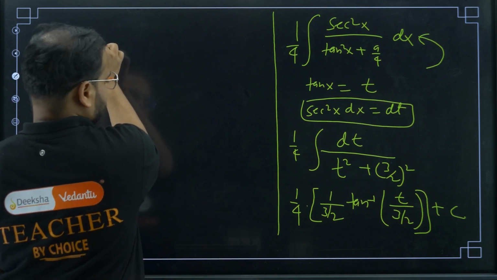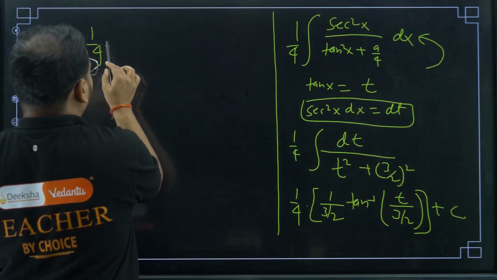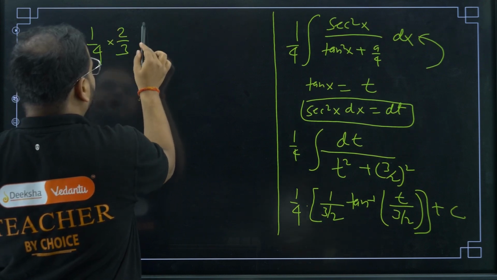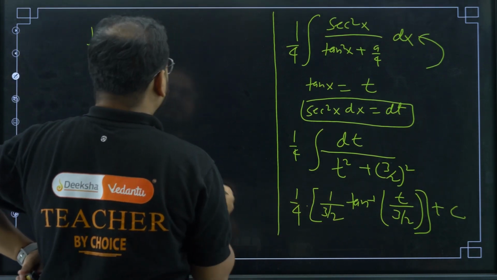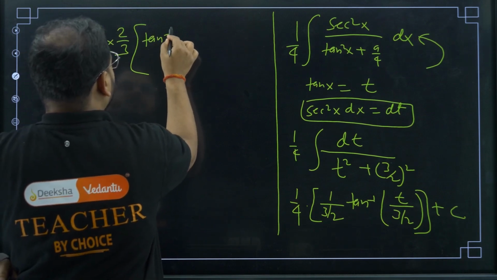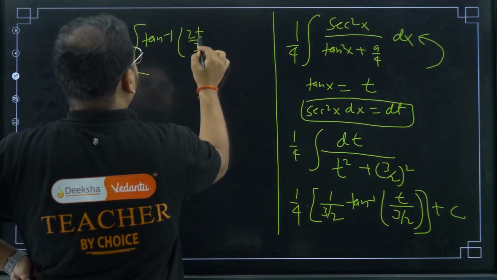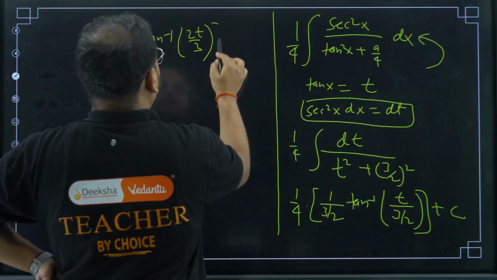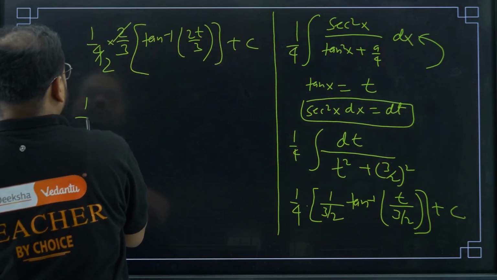And I can write this over here again, 1 by 4. This 2 will go up, 2 by 3. Then I can write this as tan inverse 2t by 3, plus c. I think this is getting cancelled, so I have 1 by 6.